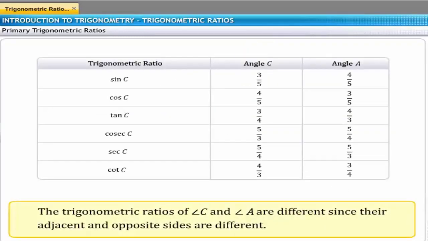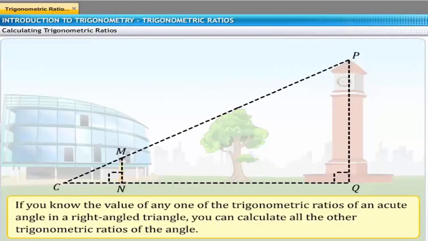As you can see in the table, the trigonometric ratios of angles C and A are different since their adjacent and opposite sides are different. In case of the trigonometric ratios of an acute angle in a right-angled triangle, if any one of the ratios is known, all the other trigonometric ratios of the angle can be calculated.